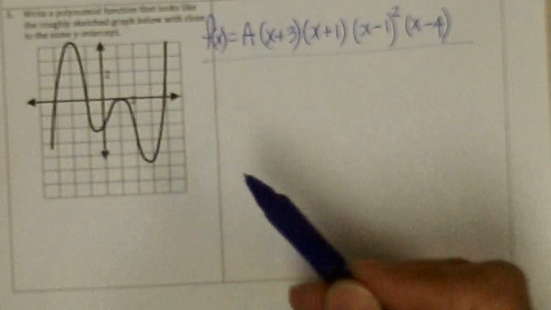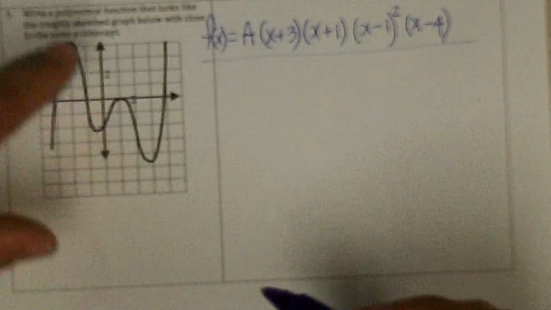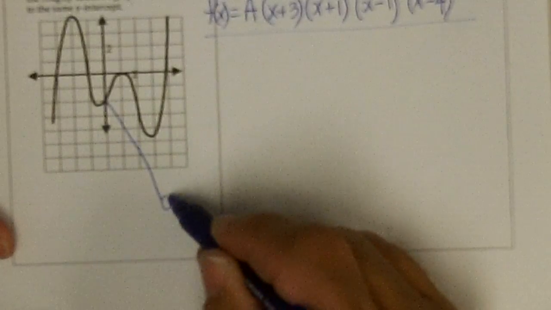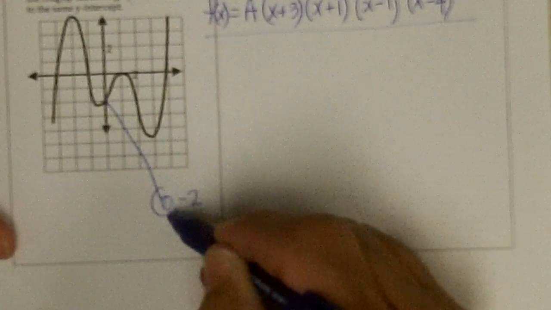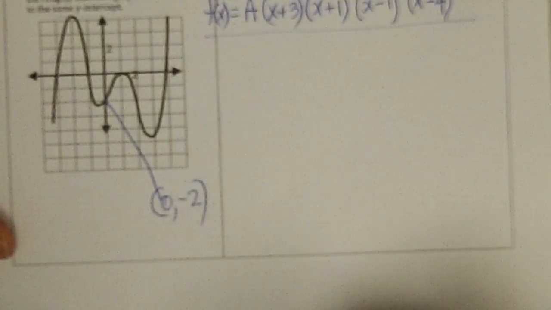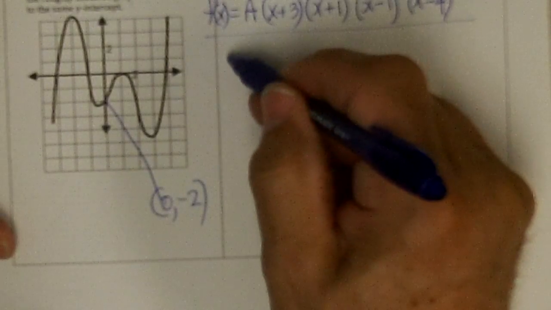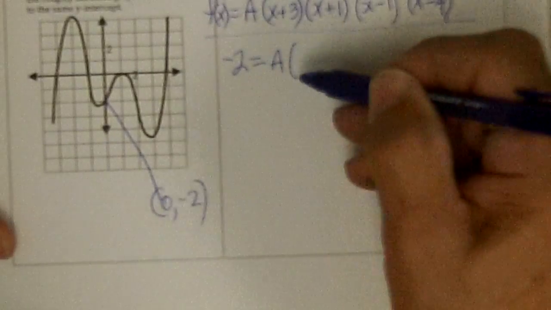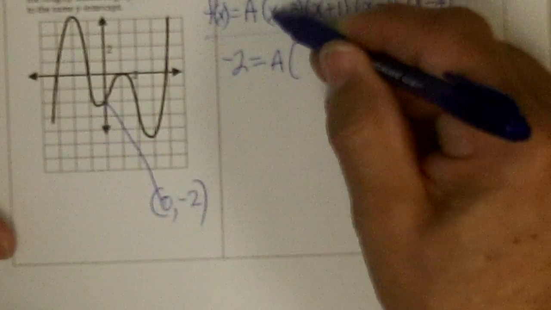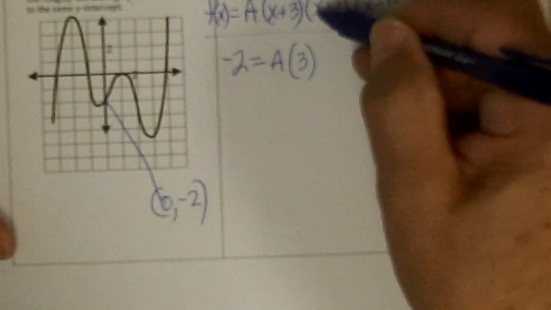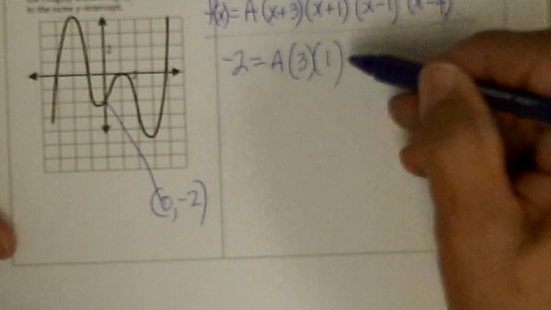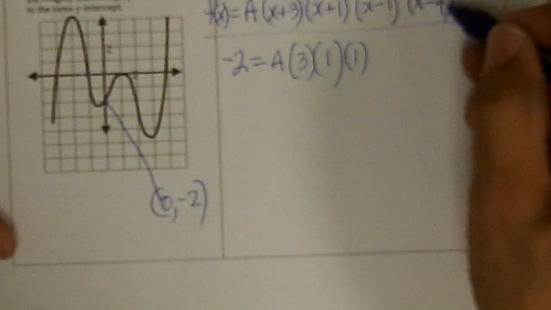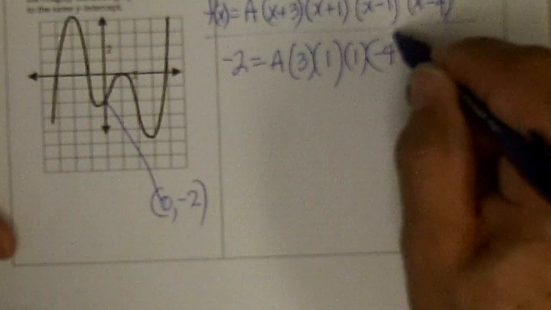Well, that y-intercept is 0, -2. It's on the lower side. So if I put -2 in for f, equals a times, put 0 in for x here and I get 3, 0 in for x there I get 1, 0 in for x there I get 1, and 0 for x there I get -4.